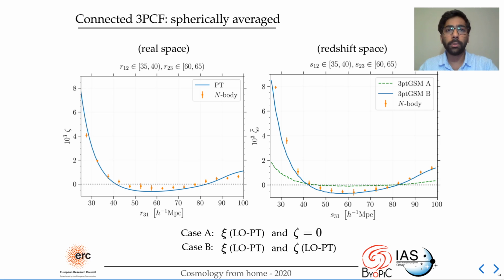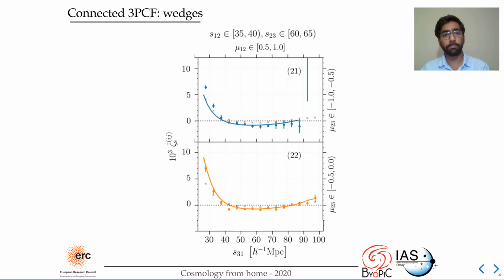It's also interesting to note that in case A, there is still a non-zero contribution to the redshift-space 3-point correlation function, even though our input theta is equal to 0. This tells us that there is a contribution to the redshift-space 3-point correlation function from purely the 2-point correlation function and the velocity information.